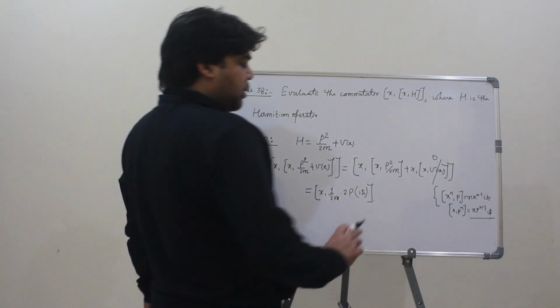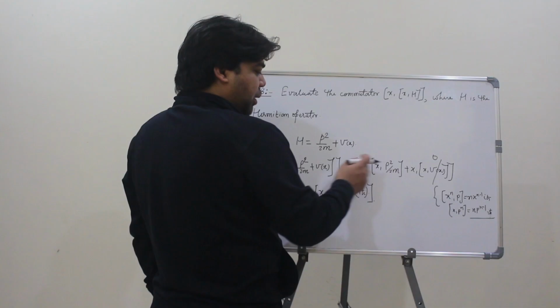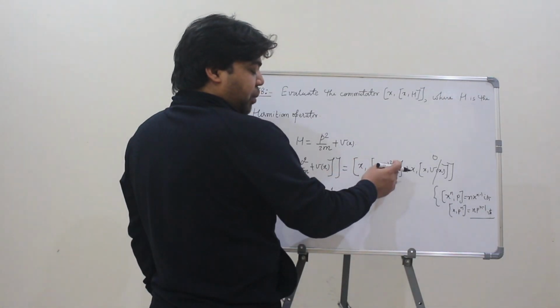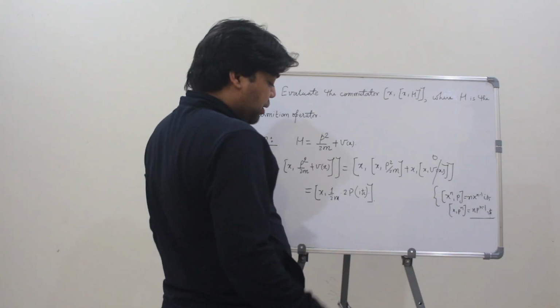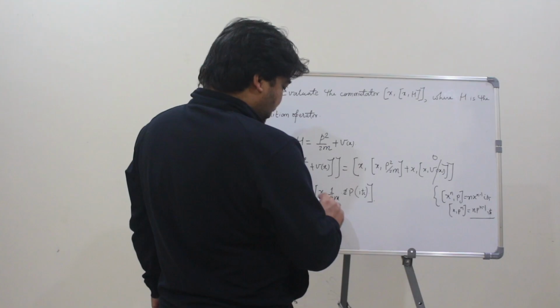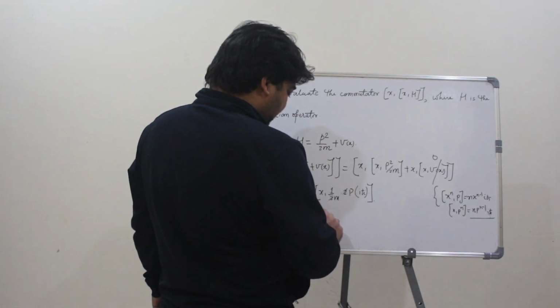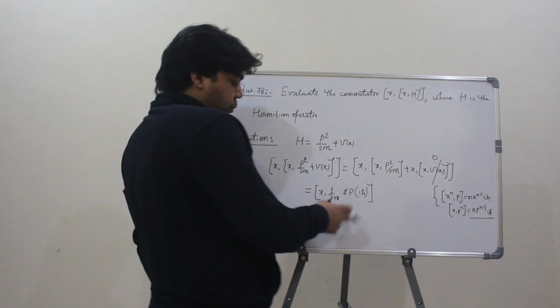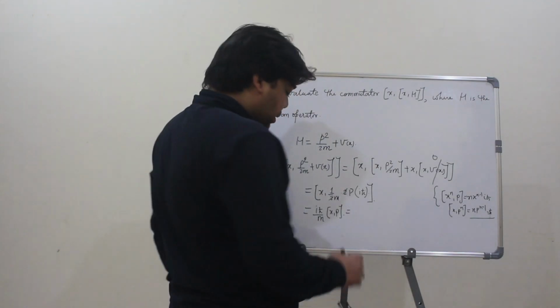It can be simplified by another way also, by taking one p on the left side, constructing one bracket, and then taking another on the right side to construct another bracket. So this 2 cancels out. You are left with i h cut by m and x comma p, right? Now just calculate it, x comma p is i h cut.